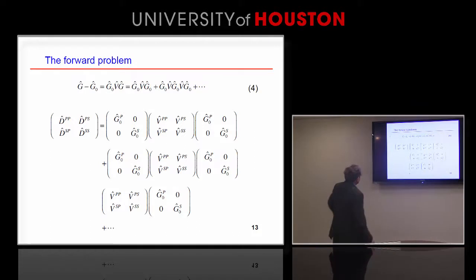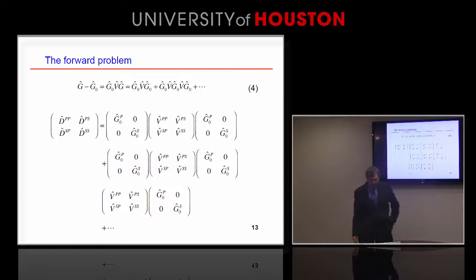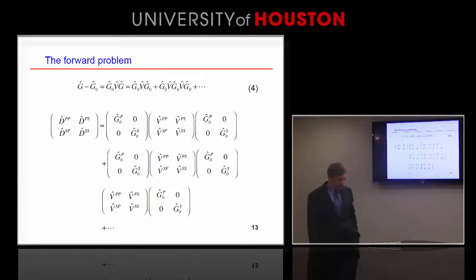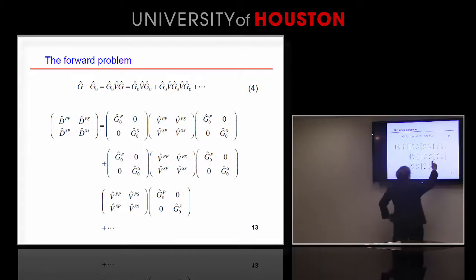So you have a forward series, now a matrix, just that same old geometric forward series, now with an operator. And this again is not controversial. But you see what goes on here. If you were looking for PP data, you start off P, VPP, GP.